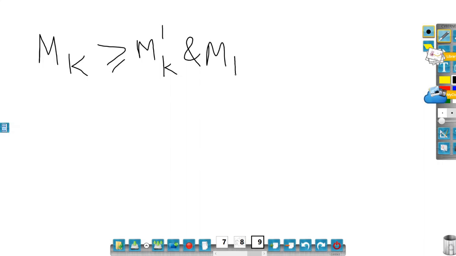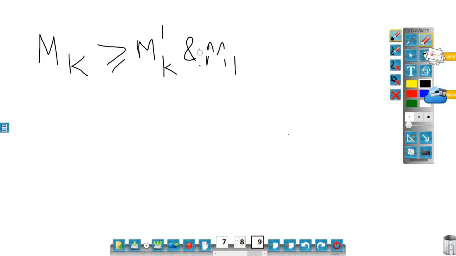So mk is always greater than or equal to mk dash, and mk is always greater than or equal to mk double dash also.